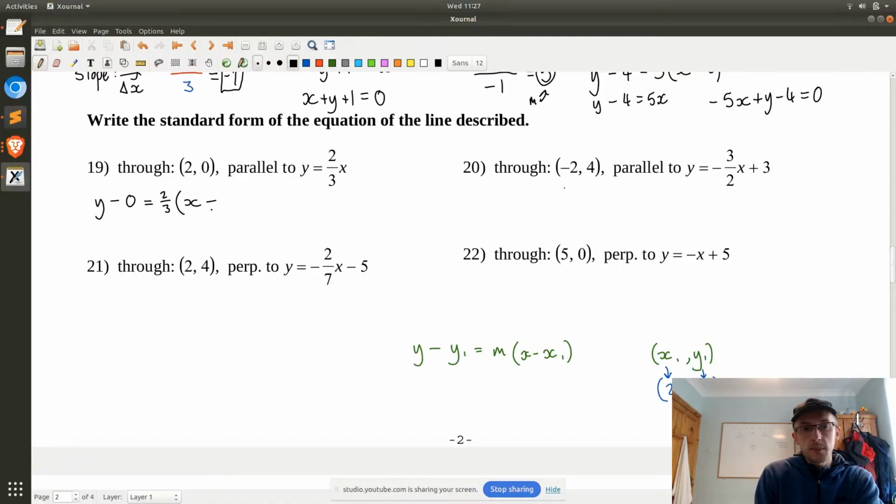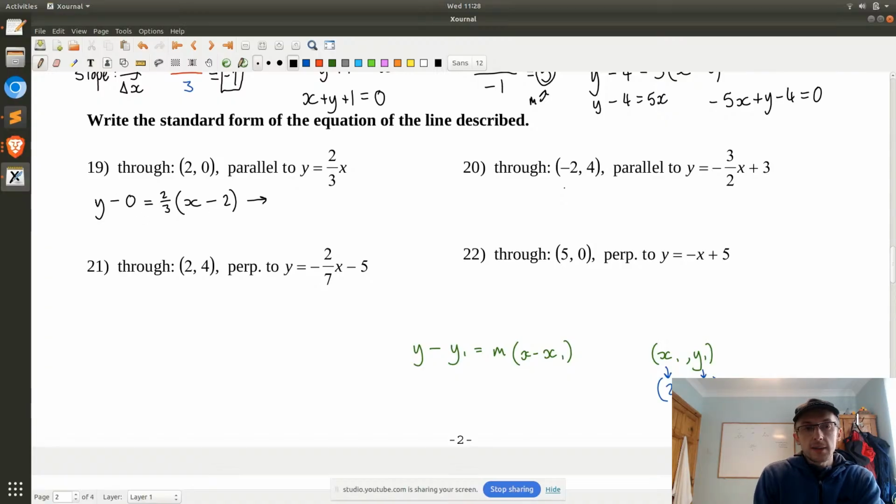It's 2. So you can expand it out. But because I'm going to put it in standard form, I know I want everything to be a whole number as best as I can. So I'm just going to multiply everything by 3.